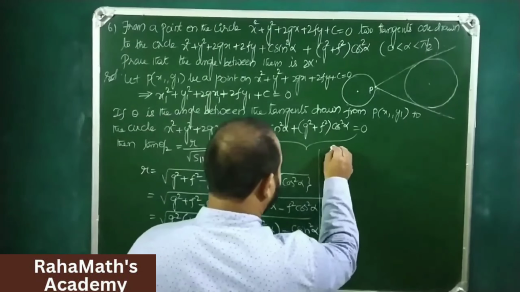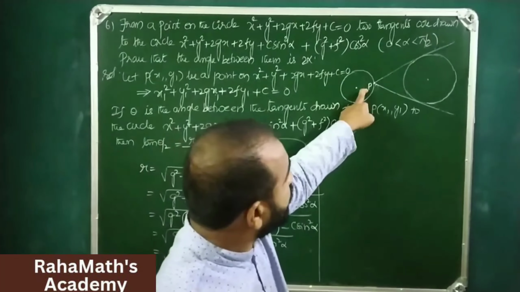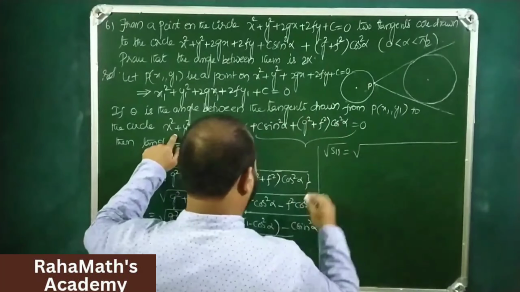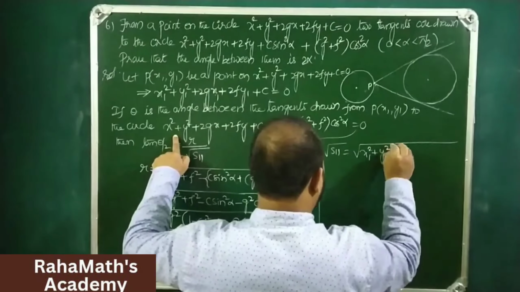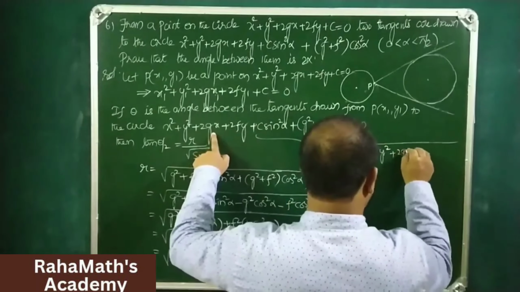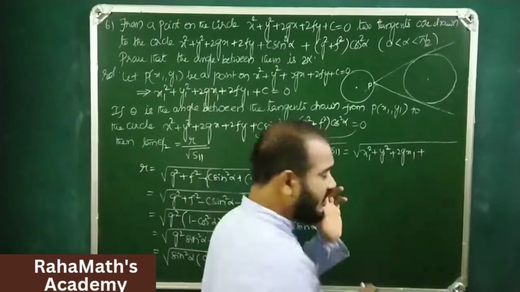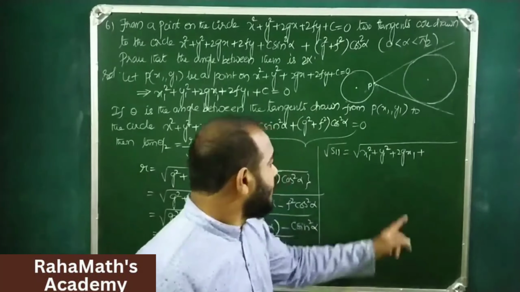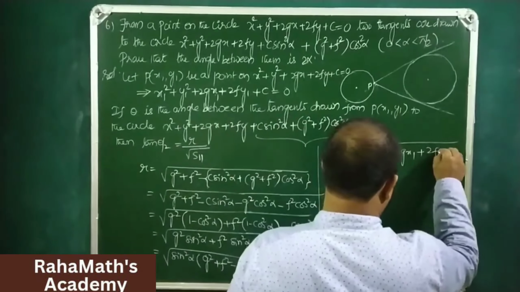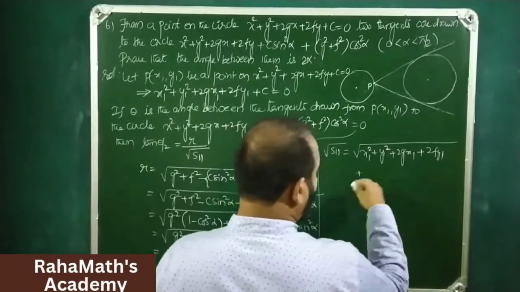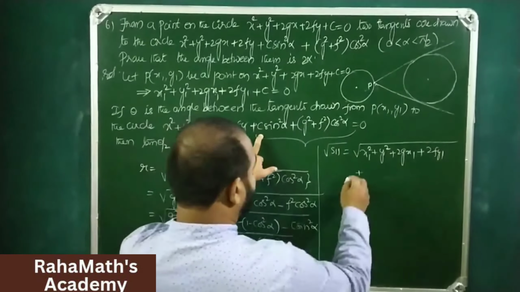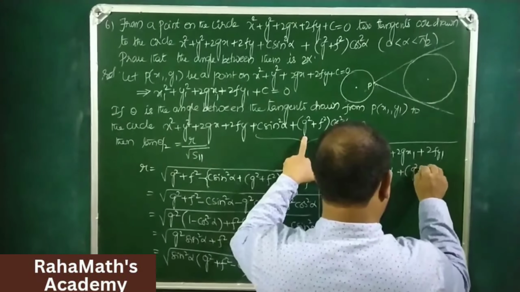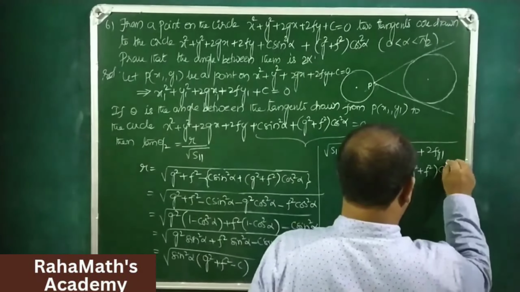What is root s11? The length of the tangent drawn from P(x1, y1) to this circle. So this is equal to the square root of x1 square plus y1 square plus 2gx1 plus 2fy1, simply substituting the point P(x1, y1) into the circle, plus c sine square alpha plus g square plus f square cos square alpha.